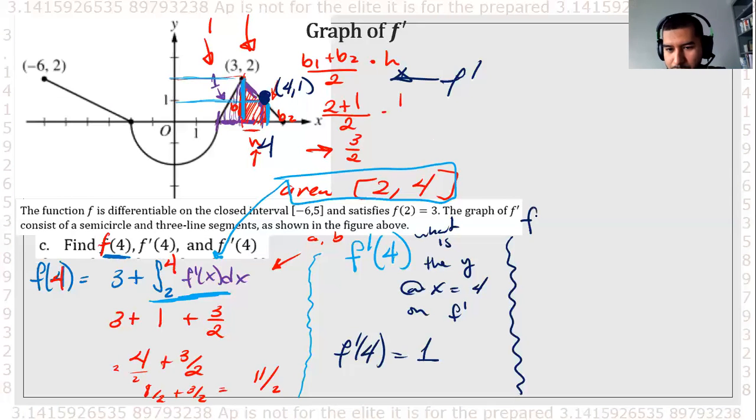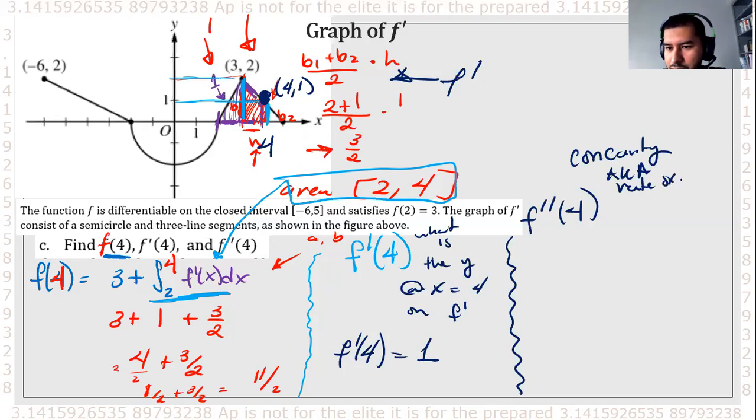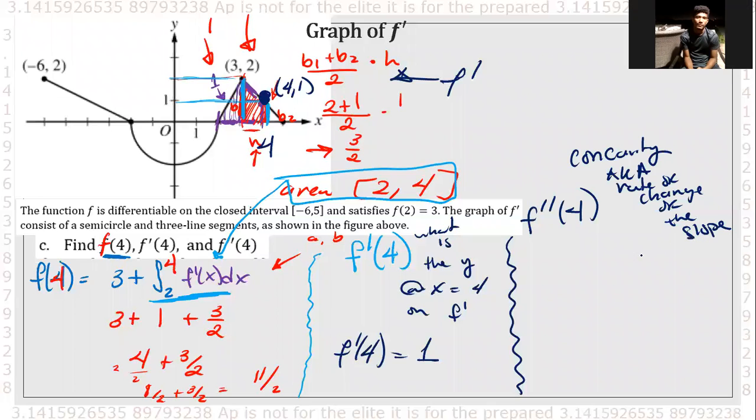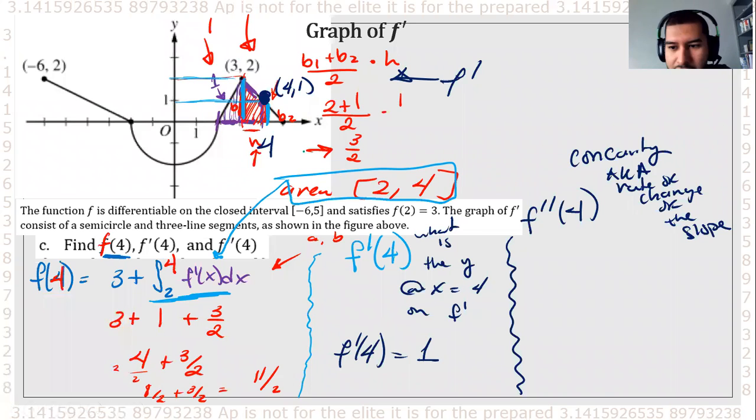How about f double prime? Ooh, that's nice. f double prime is concavity, right? Concavity, aka the rate of change of the slope. So what is the rate of change at this x equals 4?